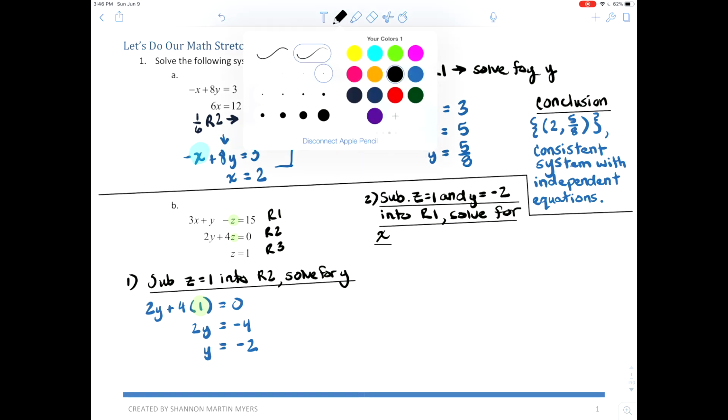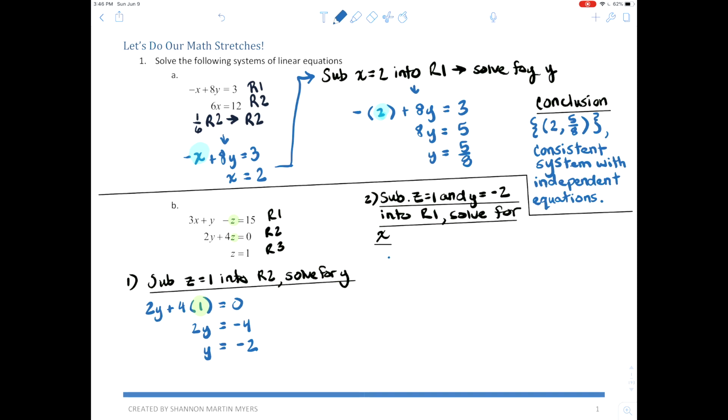So 3x plus y, so in for y, we'll put -2, and then minus z, so z was +1, and that's going to equal 15.